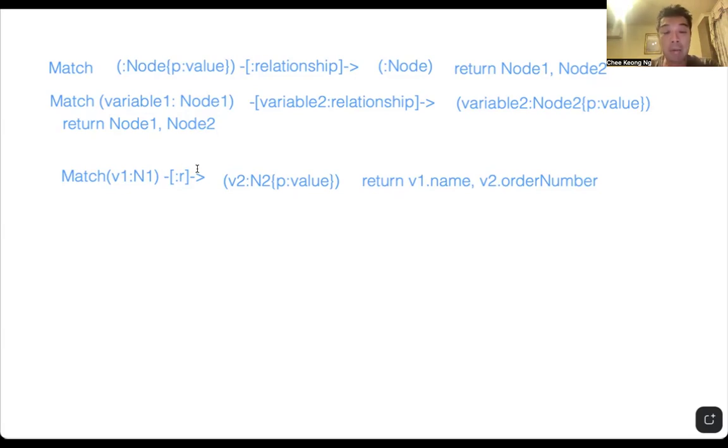Just keep in mind that when you do filtering, it is very simple. You just have to remember that you are using match to do the filtering, and you need to remember these ASCII characters. The round brackets represent nodes, the square brackets represent relationships, and then you have the arrows, and the curly brackets represent properties. So this is pretty simple.